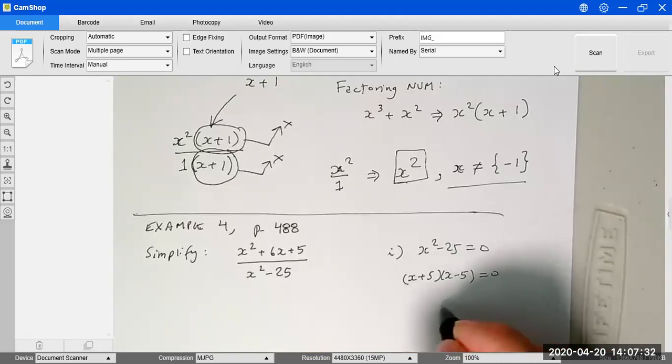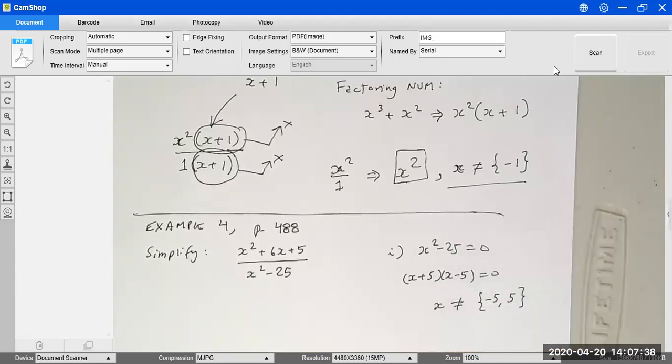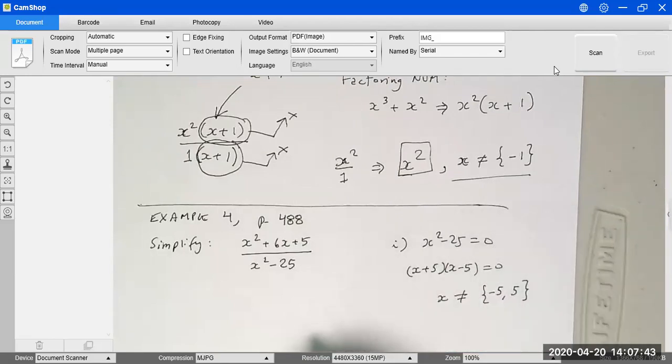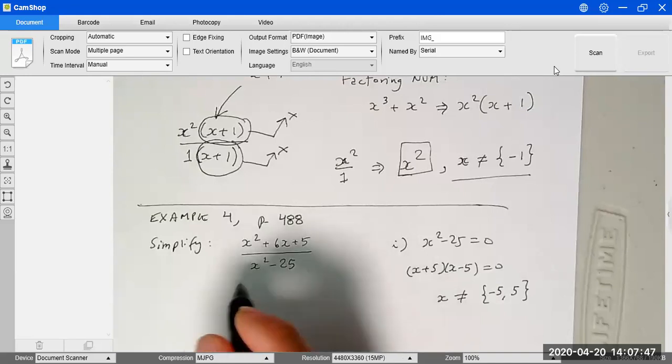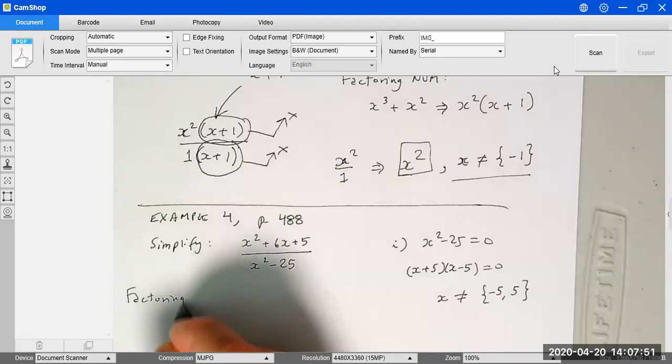So you're going to find that the restrictions are just -5 and 5. But the purpose of this problem is not this. This is just for you to get the big picture, the full picture of the exercise. So let's start. We're going to do our factoring.